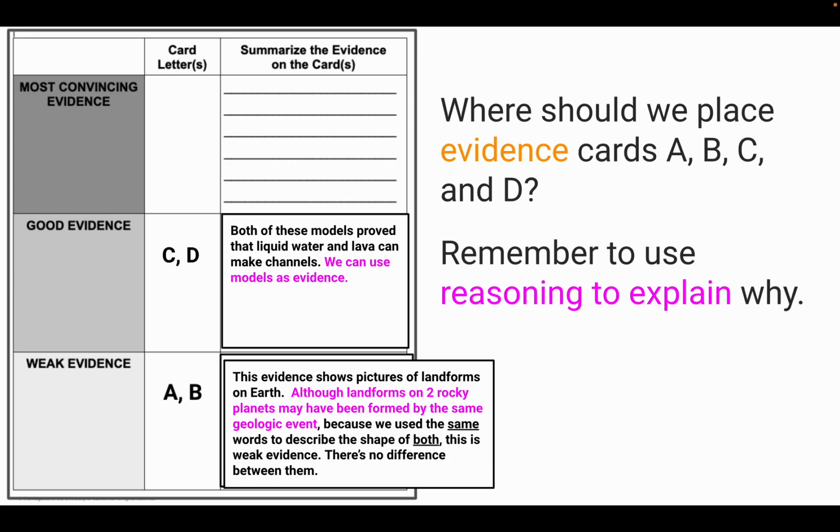We can use models as evidence, but then key concept number 5 says models are not the same as the actual geologic process, so that's why they're in the good evidence, not most convincing. Okay, go ahead and pause this and fill all of this in. Please color code so that you know the pink is me using reasoning to explain why the evidence supports my claim.